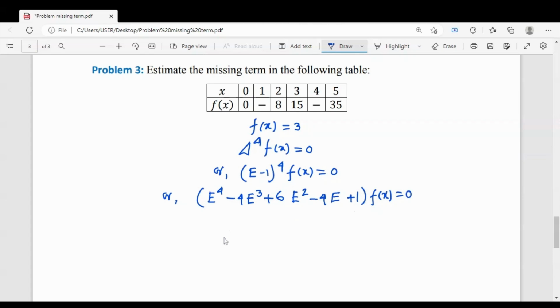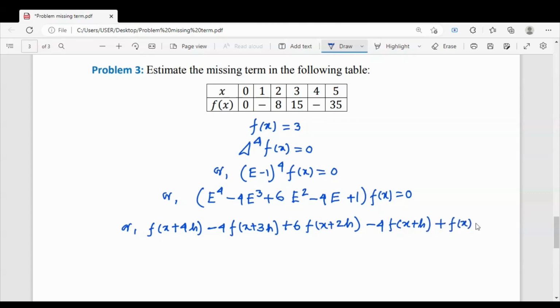So using this formula, E to the power n f(x) equal to f(x plus nh), we can write this one as f(x plus 4h) minus 4 f(x plus 3h) plus 6 f(x plus 2h) minus 4 f(x plus h) plus f(x) equal to 0.